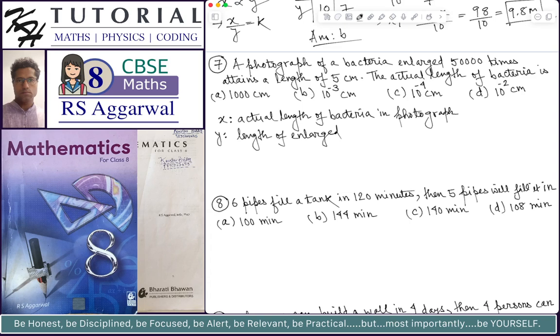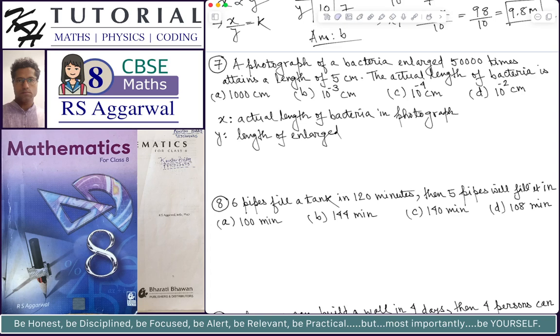So the enlargement, that is the enlarging factor, is the same, which is 1 is to 50,000.